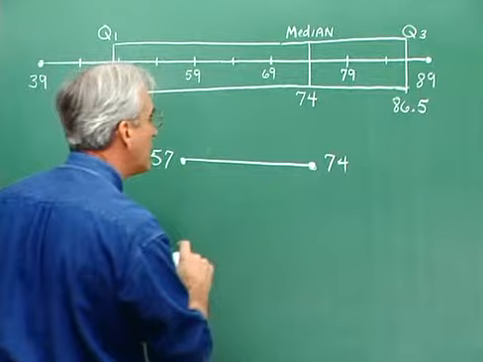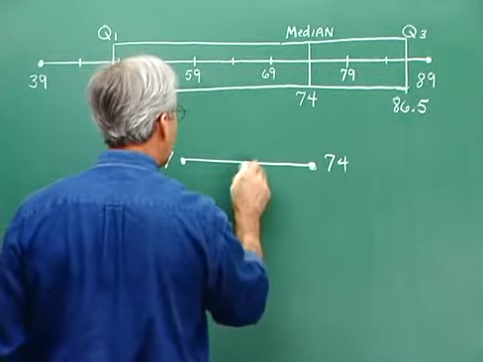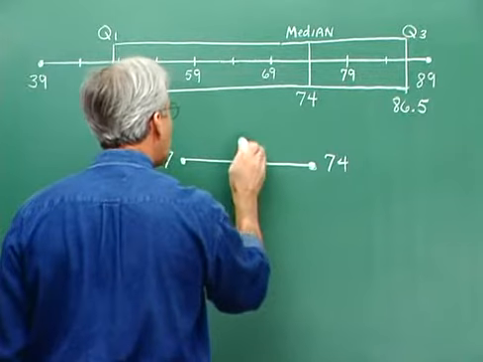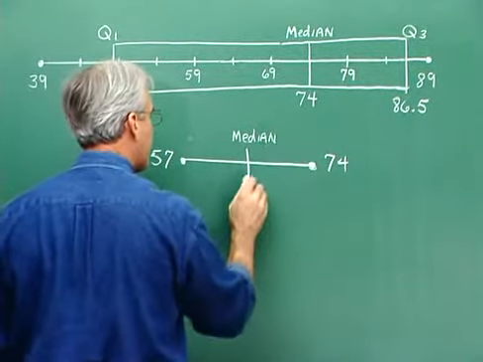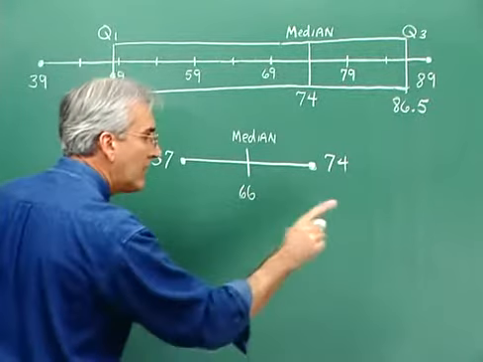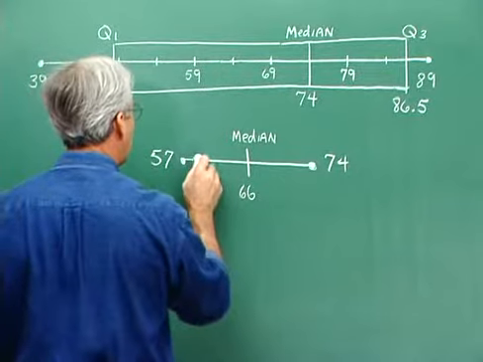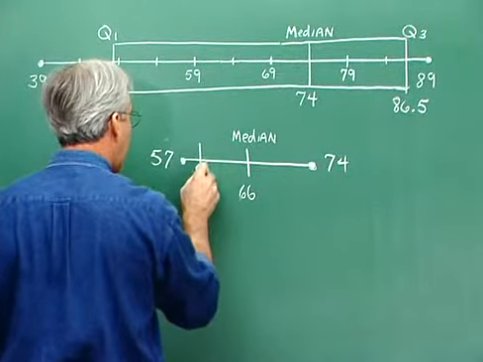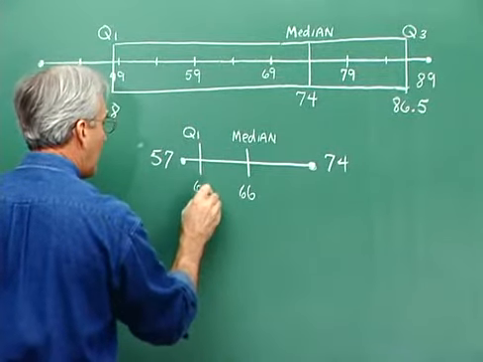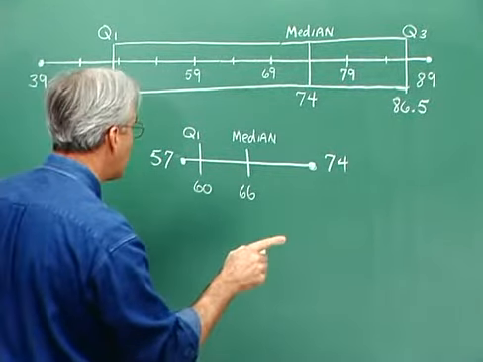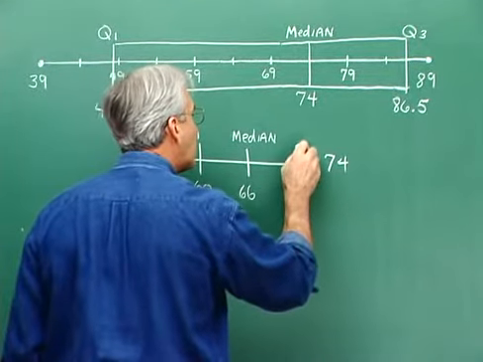The median is 66, and I'm kind of looking up here. That's about right here. So here's the median. And then the Q1, the first quartile, is 60. That's right here. And the third quartile is 72. Gee, that's way over here.